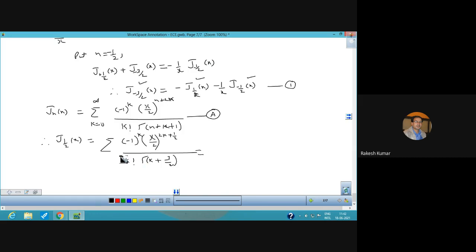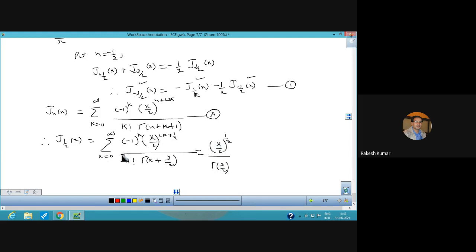So for k 0, जब आप k 0 लेंगे, because your k varying from 0 to infinity, so k 0 के लिए minus 1 raised to power 0, that is 1, x over 2 raised to power 1 by 2, and यहाँ भी 0 आ जाएगा, और यहाँ पर gamma 3 by 2. So divide by gamma 3 by 2, and 0 factorial is 1.